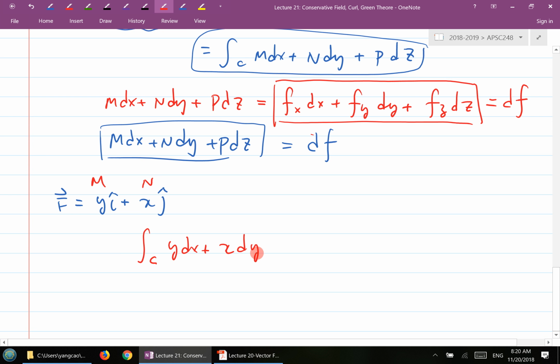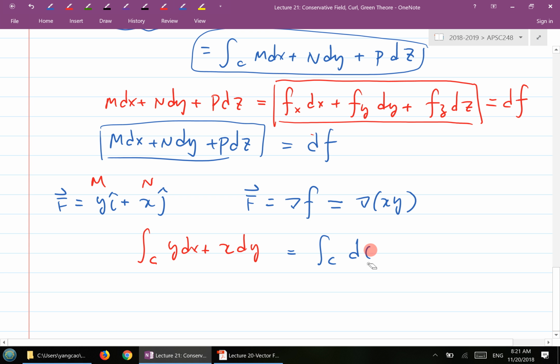As we just showed, this vector F comes from the gradient of xy. So this whole piece here is basically the integral of d of xy, as we've shown here.